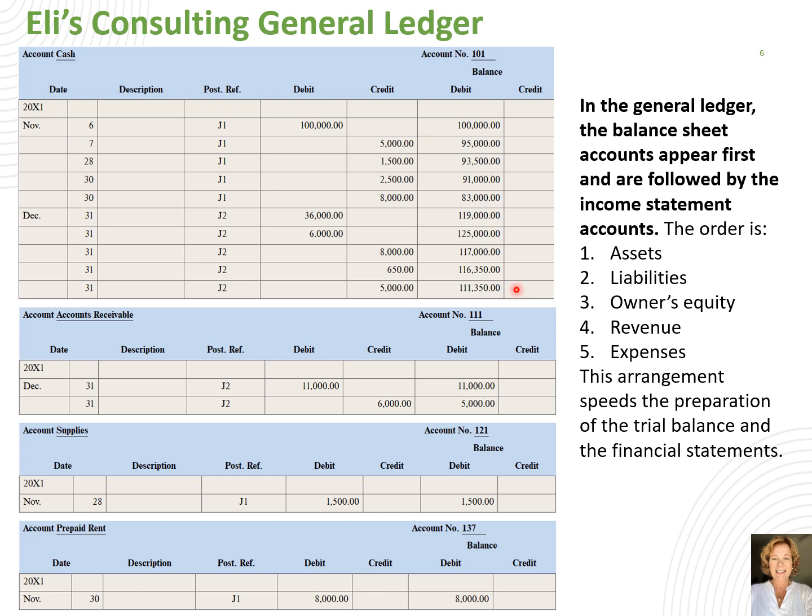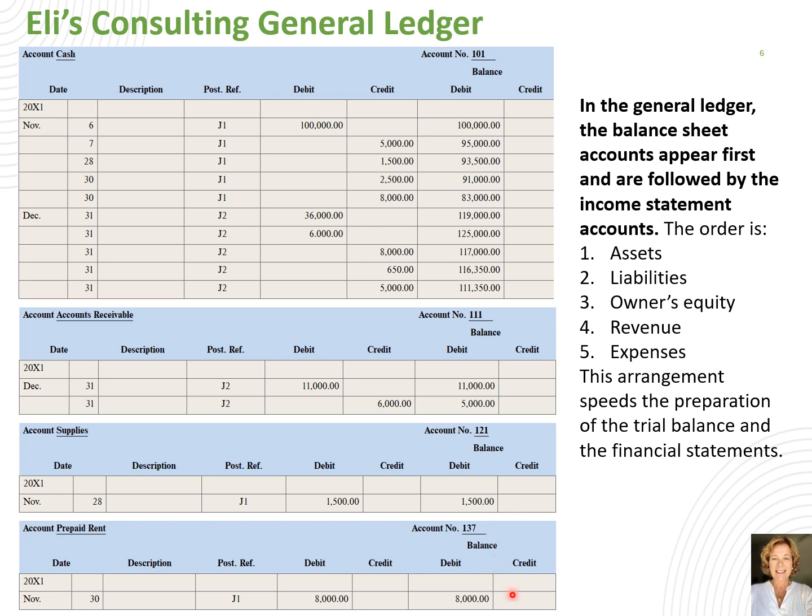In the accounts receivable account 111, we can see that we had credit sales of $11,000, but that currently clients owe Eli's Consulting $5,000. The account supplies shows a balance of $1,500, and the prepaid rent account number 137 shows $8,000.